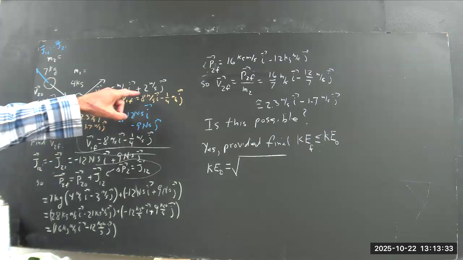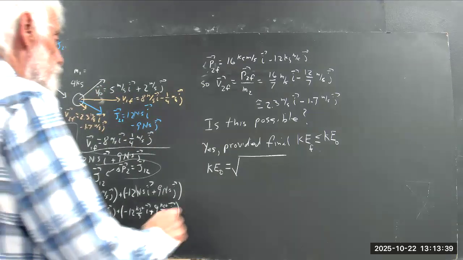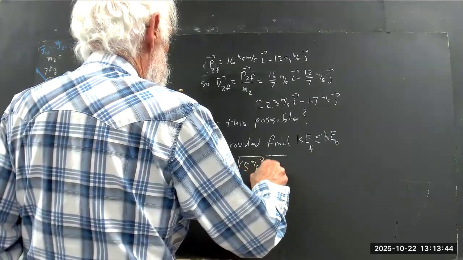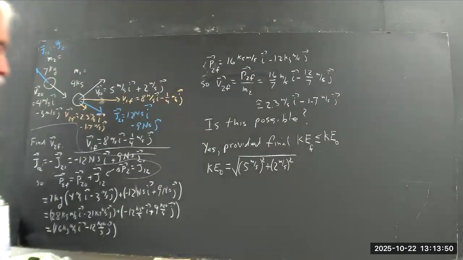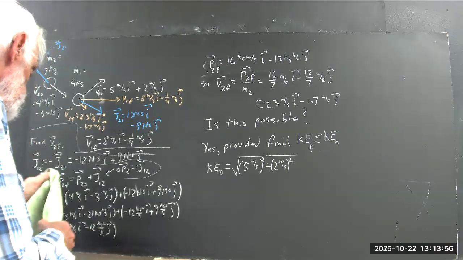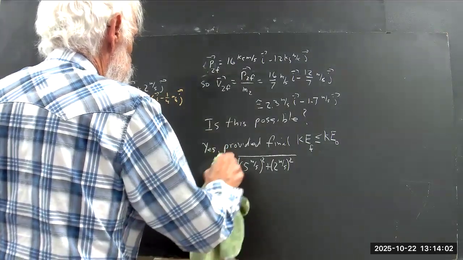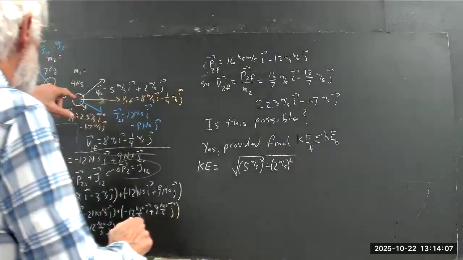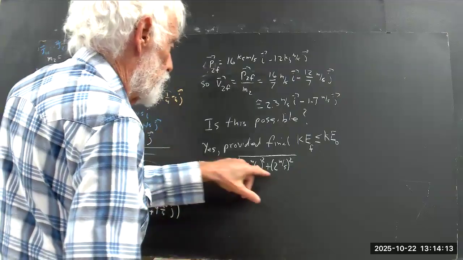The initial velocity here was 5 meters per second I plus 2 meters per second J. So this thing had kinetic energy of 4 kilogram mass times the speed of the object.